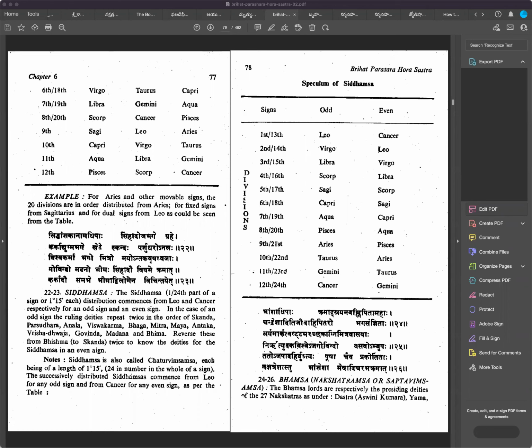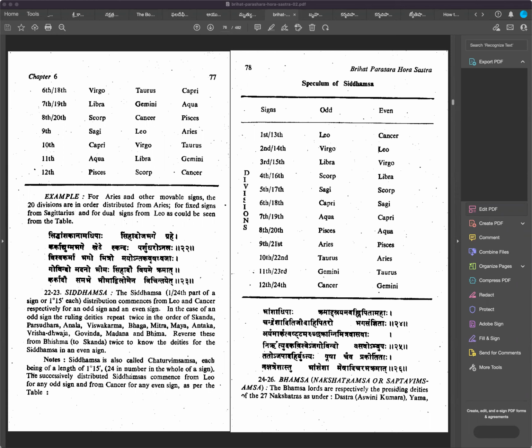Again, this chart is also dealt with the same way as we deal with D9 and D10, right? In that way, all 12 houses each have their own effect, and the planets also, depending on where they are sitting. Which planet is sitting where, which subject that person is interested in, all those things can be known in this.